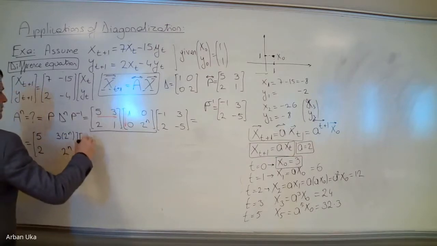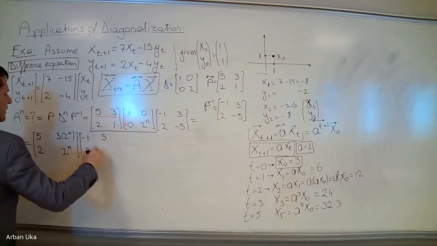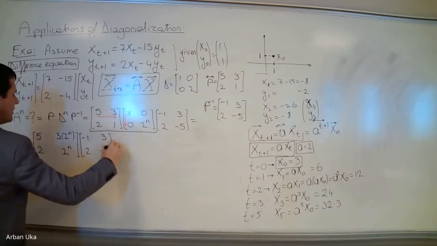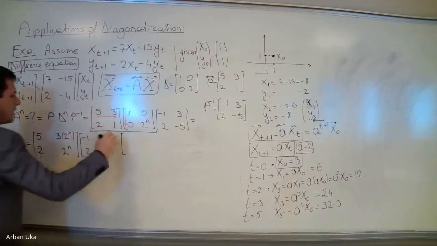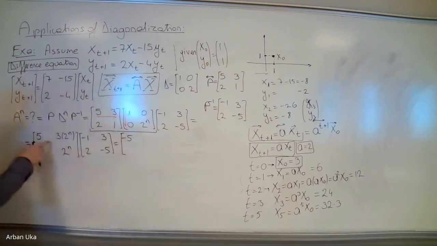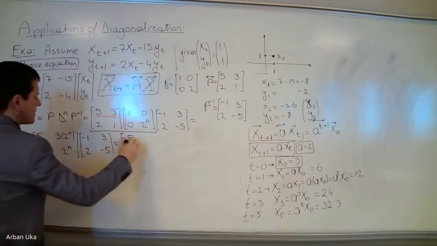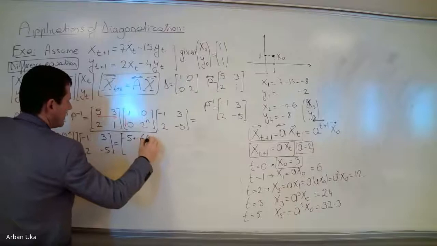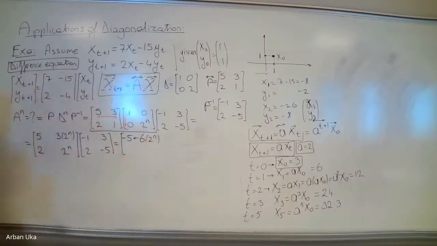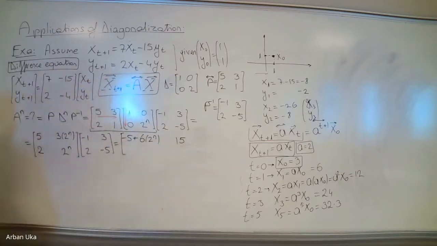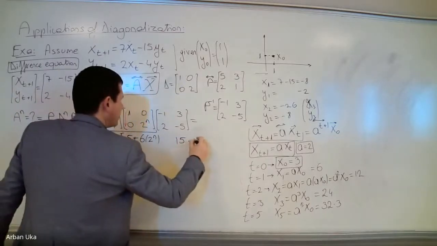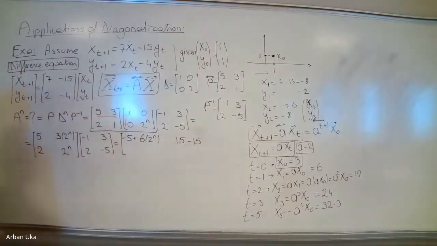So this is multiplied by minus 1, 3, 2, minus 5. Then again, what we obtain is that 5 times minus 1, this is minus 5. Then what is this? 6 times 2 to the power n. Yeah, that's true. Then we have 5 times 3, this is 15, minus 15 times 2 to the power n.